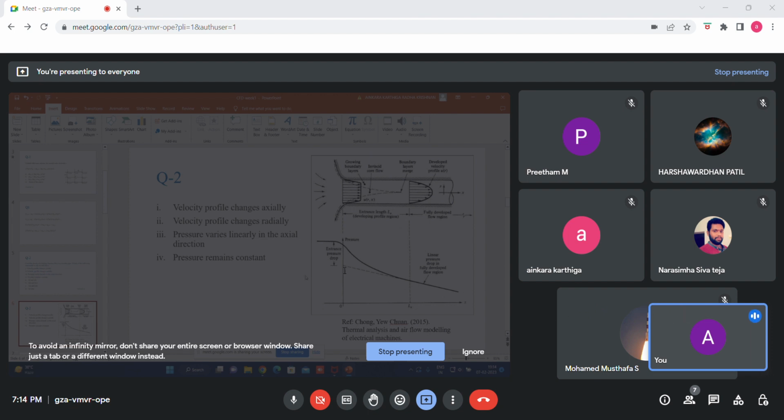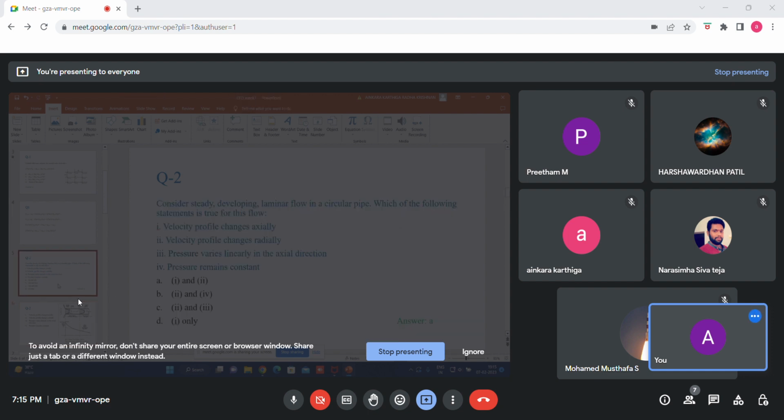So the statement that pressure varies linearly in the axial direction is not true when considering the whole regime, and the statement that pressure remains constant is also false because the pressure here is not constant. So only option 1 and option 2 are right. So obviously option A is the correct answer.